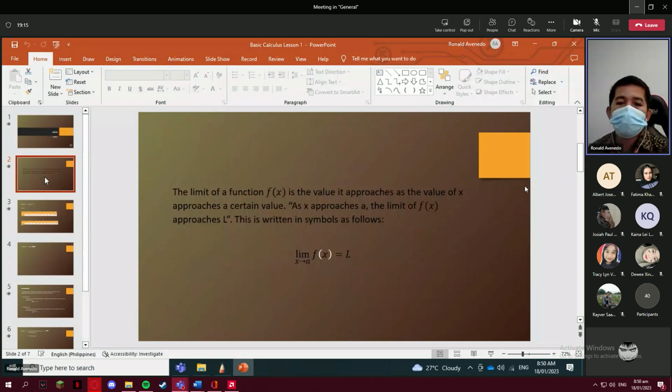The limit of a function f of x is the value it approaches as the value of x approaches a certain value.